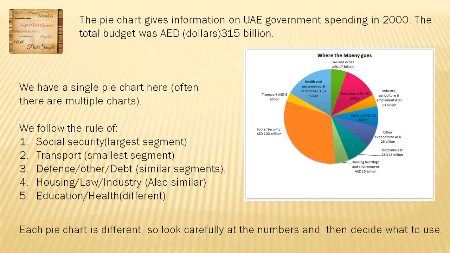I know this is a little bit confusing, but please remember that not all IELTS essays are going to be the same. 5 people or even 10 people could write using this information, and all of their essays could be different. And it depends how they group the data.